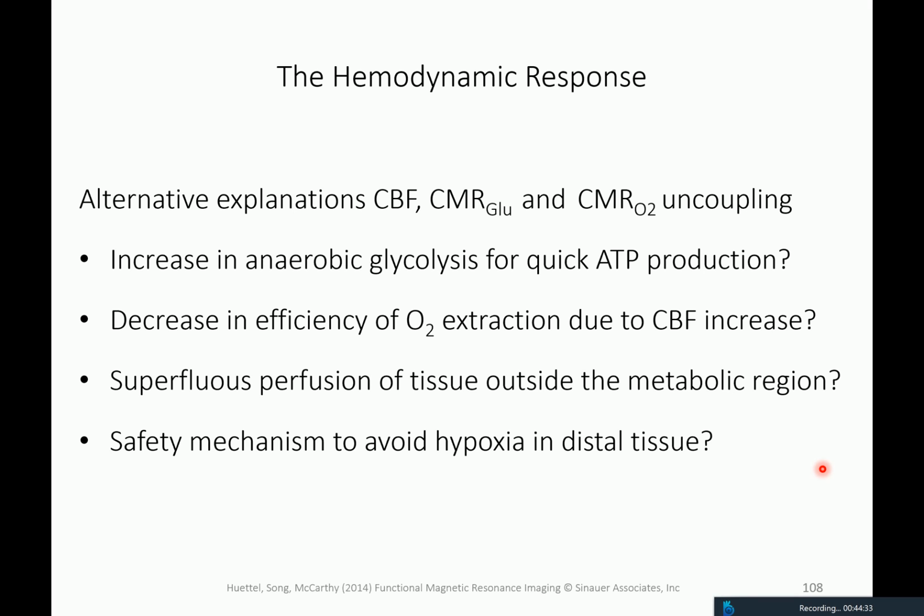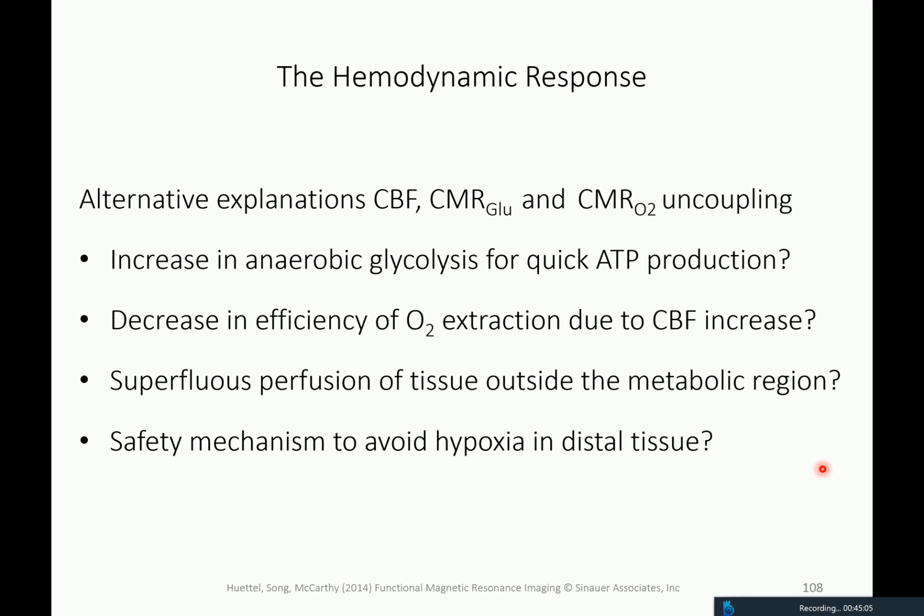Maybe it's actually also a safety mechanism. So if you think there's activity and you go further downstream in the vascular system, arteries, capillaries, the aim is to make sure that while there is an overabundance of oxygenated hemoglobin in an active area, the distal tissue, which is downstream, still gets enough oxygen under these increased metabolic circumstances.